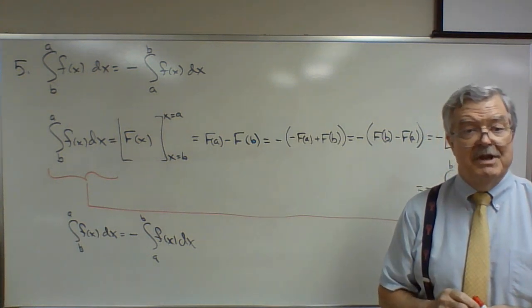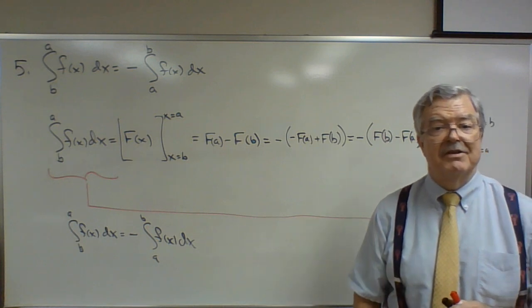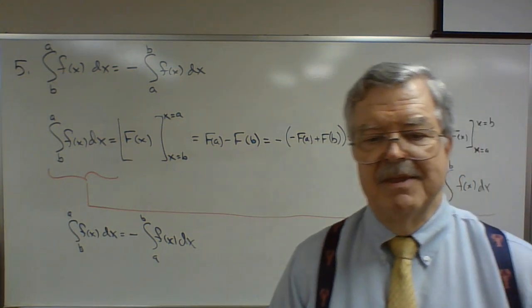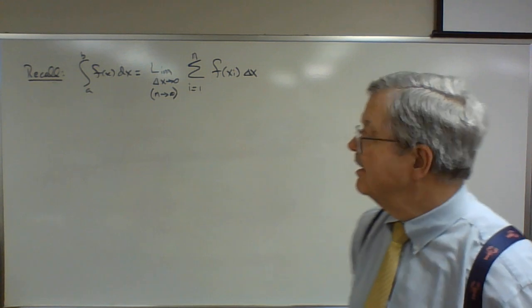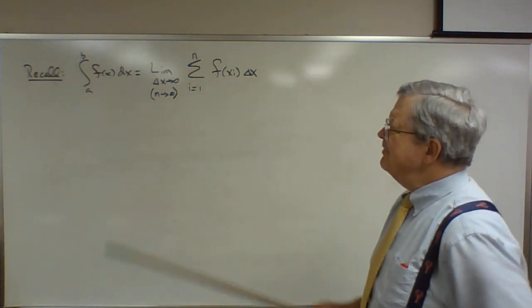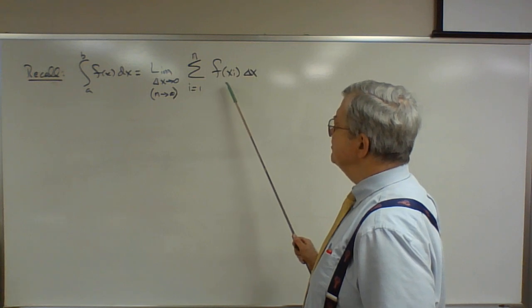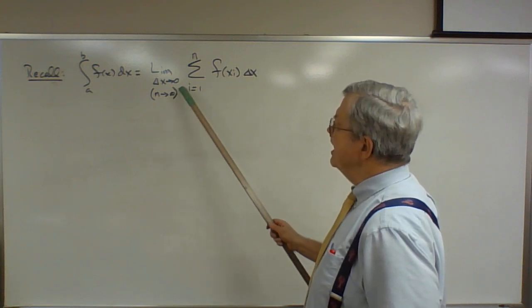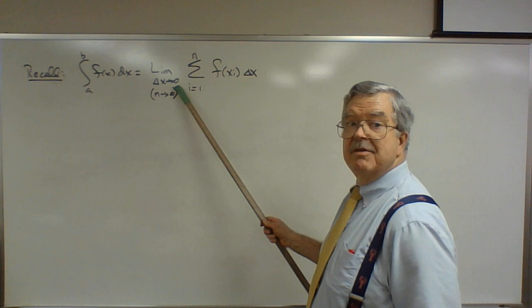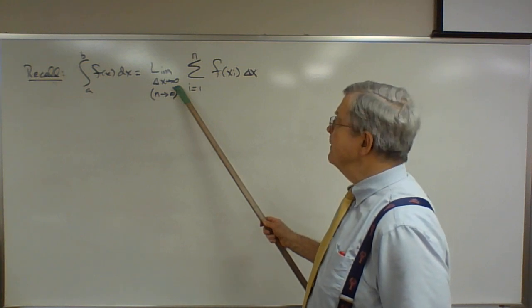Let's look at some Riemann sums and see why this really happens. But remember what a definite integral is? It's the limit of a Riemann sum as delta x, the width of the rectangles, goes to 0.